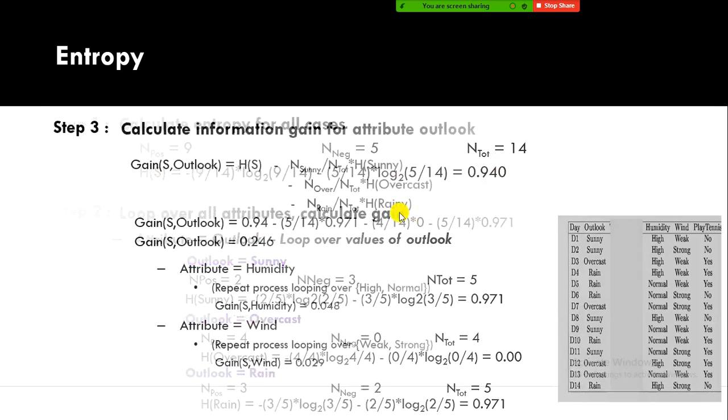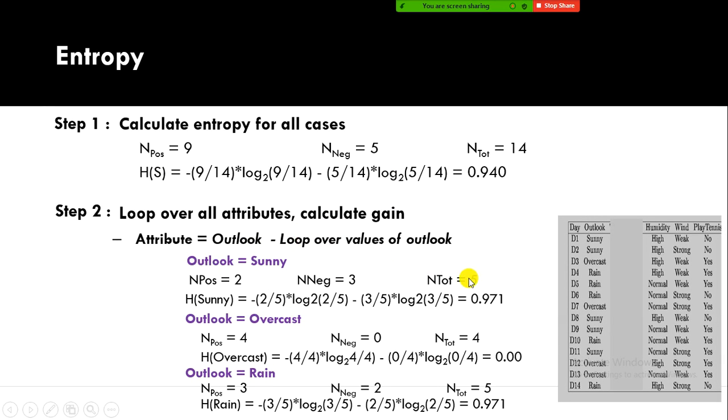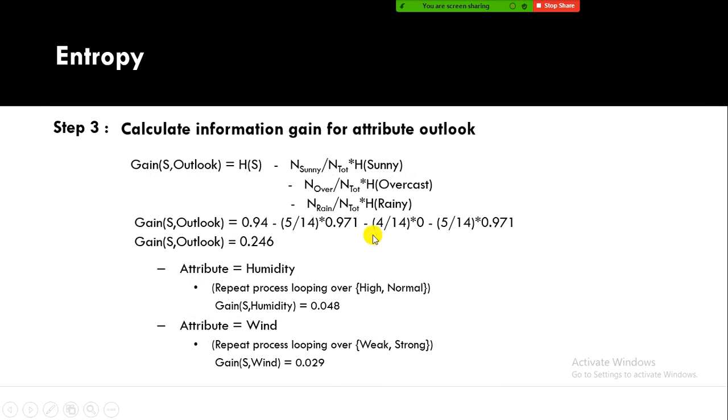So 0.94 minus 5 out of 14 records into 0.971, plus 4 out of 14 into 0, plus 5 out of 14 into 0.97. That is how you need to use it. This you need to remember. This is your information gain.